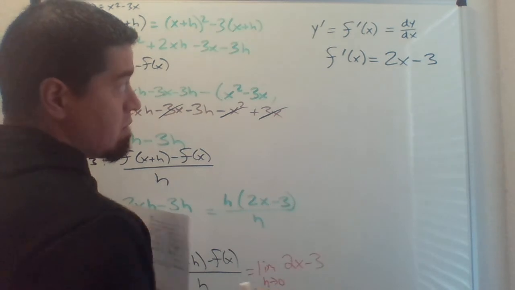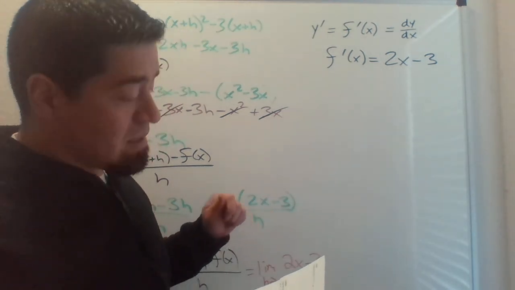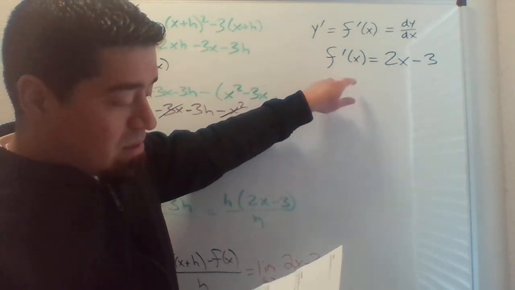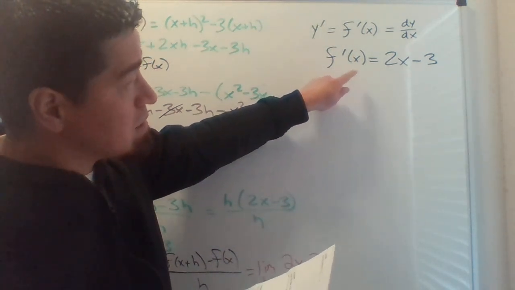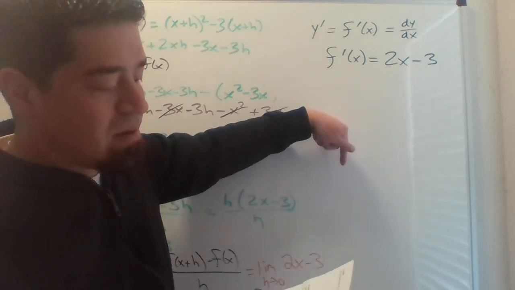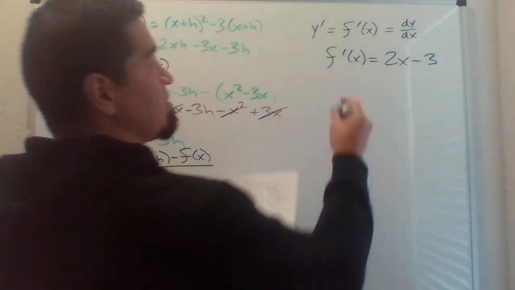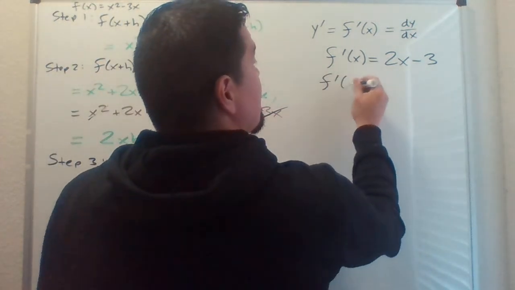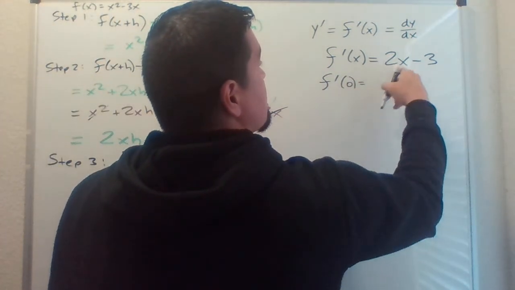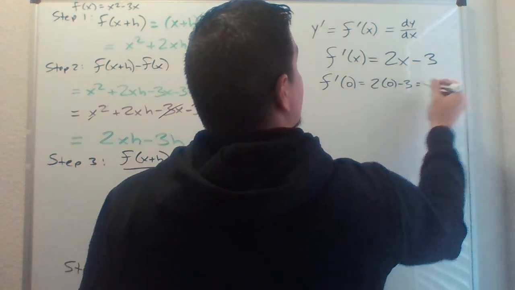The previous problem gave 2x minus 3. This question is not going to be too difficult because we already found this. Since we found the equation for the slope of a tangent line, how do you think we're going to find the slopes at 0, 2, and 3? That's right, you're going to plug it in. So f prime of 0 is 2 times 0 minus 3, which is negative 3.